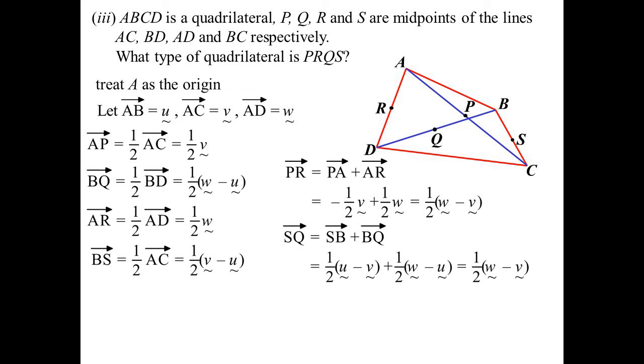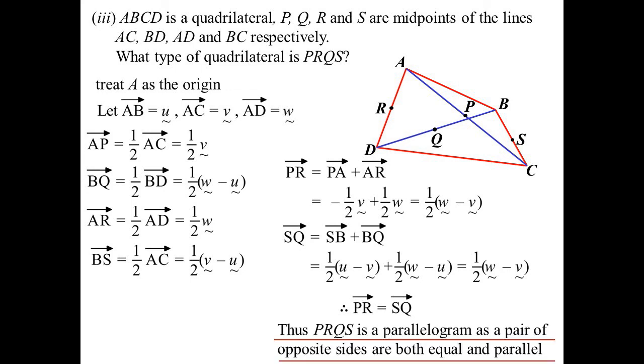It's the same as PR. Therefore, they are equal vectors. Well, if they're equal vectors, then their magnitude must be the same, but their direction must be the same as well. So we've got a parallelogram, because we've got a pair of opposite sides that are both equal and parallel. So we know it's a parallelogram.